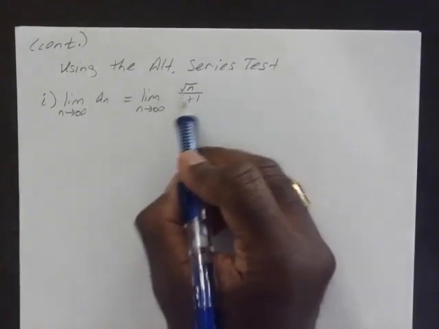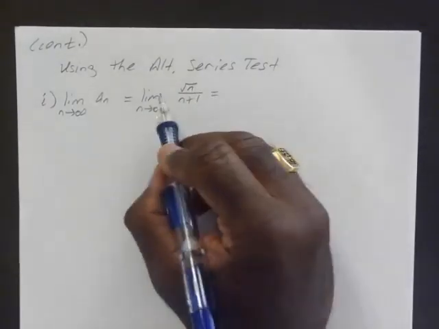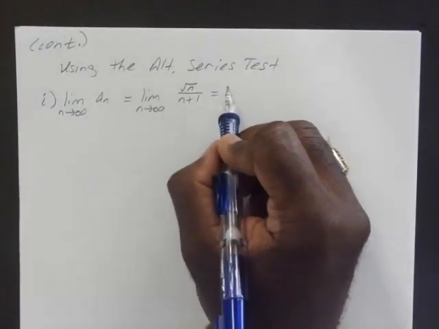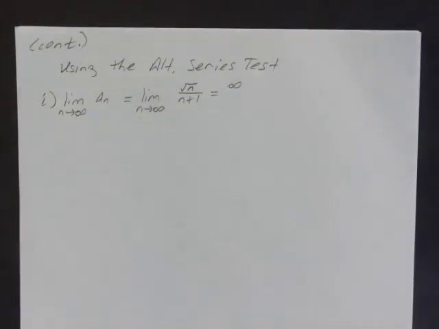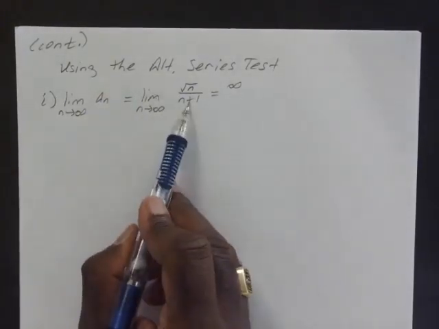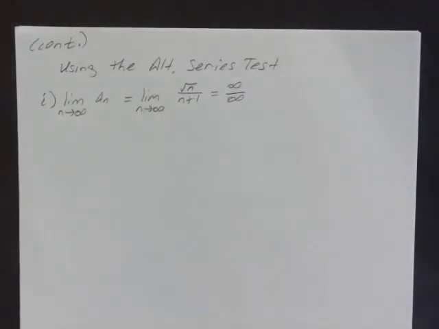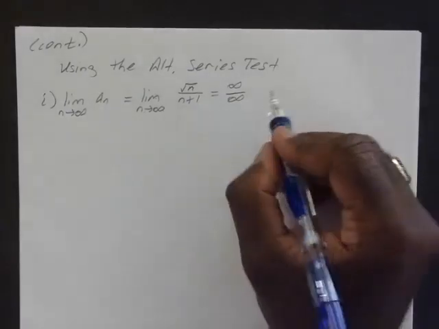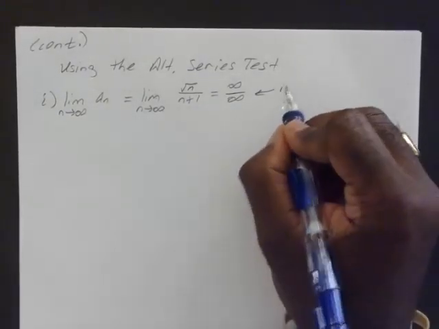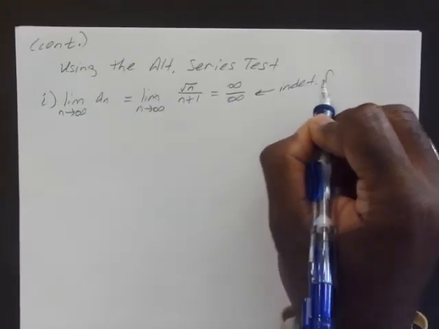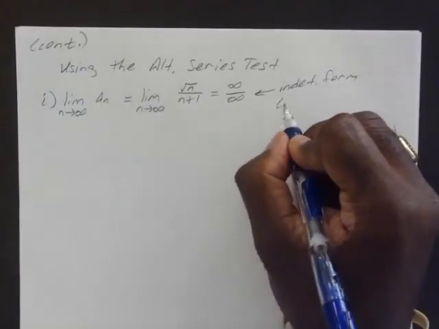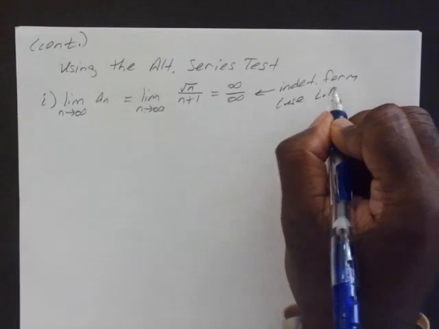If you take the limit of your numerator, the limit of square root of n is infinity. And the limit of n plus 1 as n approaches infinity is infinity. So we have an indeterminate form, which means we can use L'Hopital's rule.